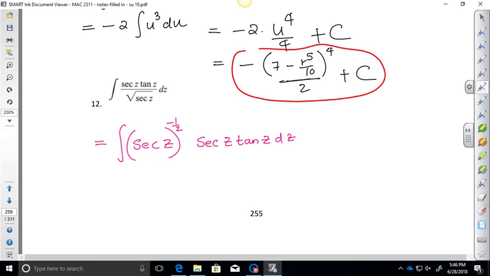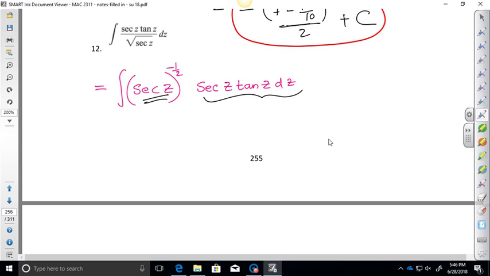And fortunately, the derivative of sec is sec tan, which is right there. So all I have to do is take sec z as u. Then sec z tan z dz is going to be just du. So let's do that.